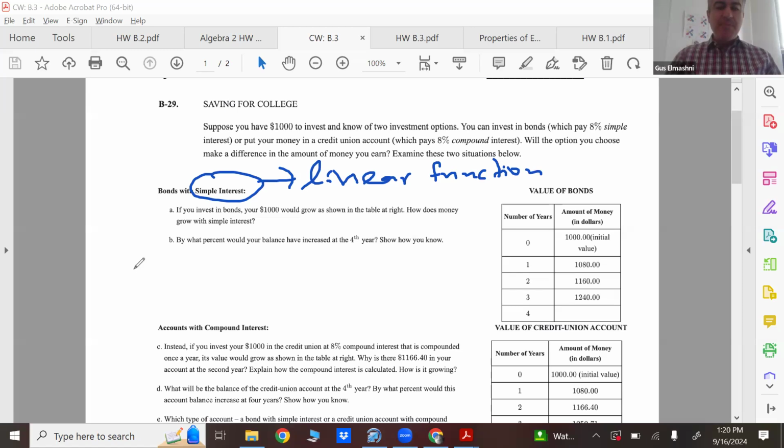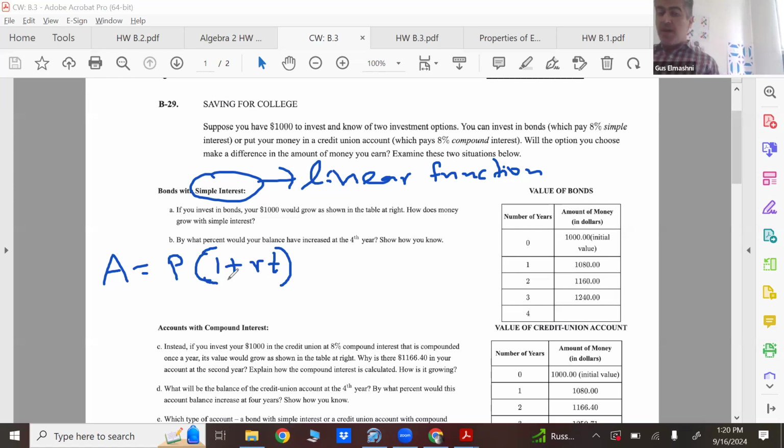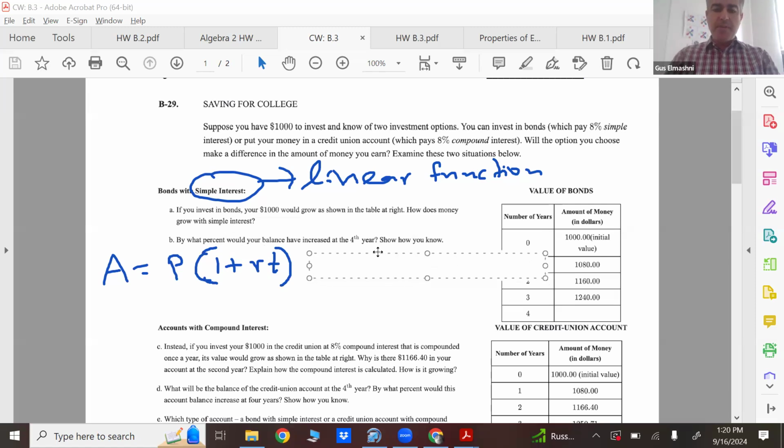So here's how it works. The amount of money you have equals the principal. Let me explain what all these things are. I know it looks a little confusing at first. Bear with me. P, we put a text box.